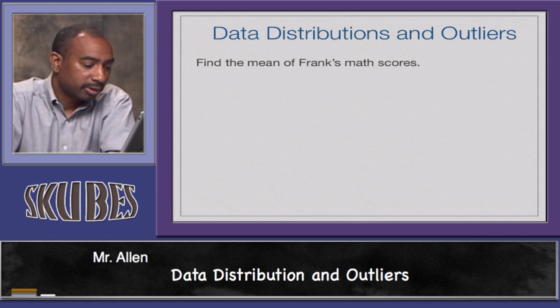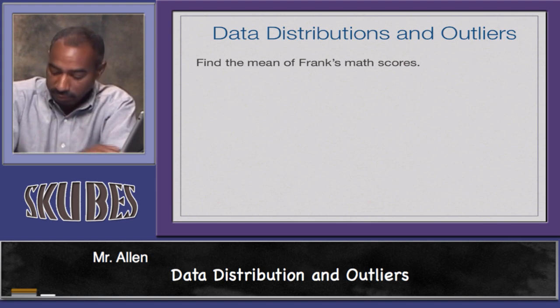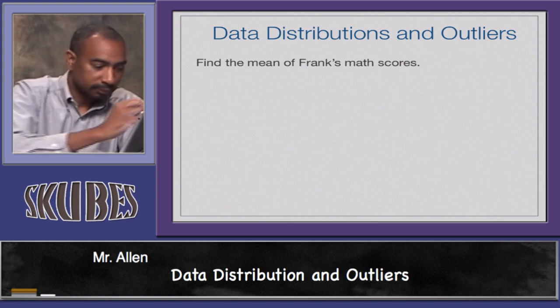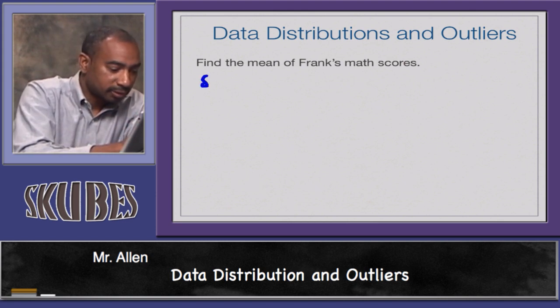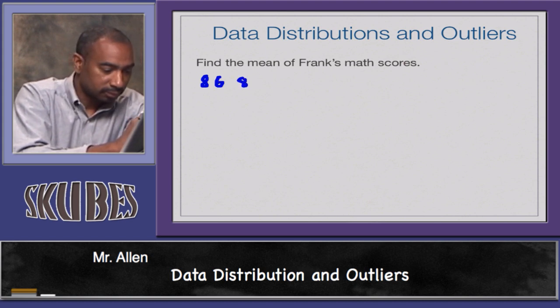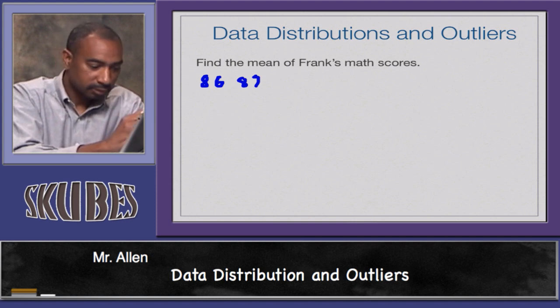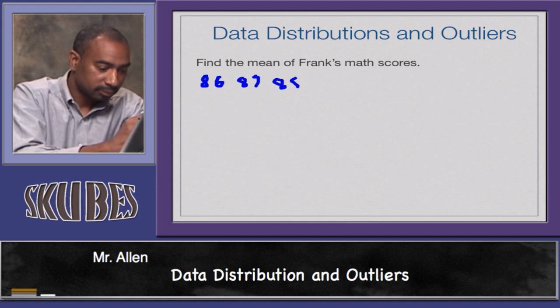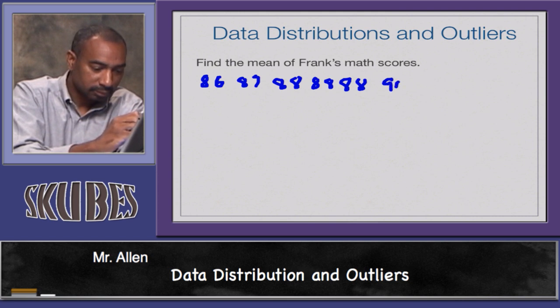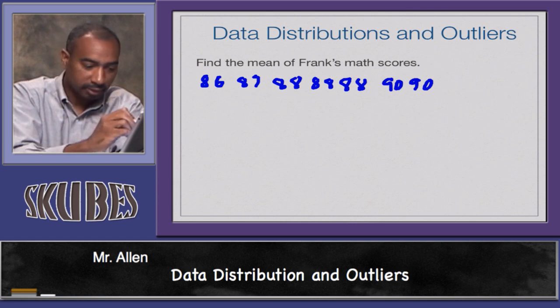Find the mean of Frank's math scores. In order to find the mean, you're going to have to list this in order. So you have 86. You had 87. And you had 88. Remember that repeated 3 times. Then you had 90. And then you had 91.